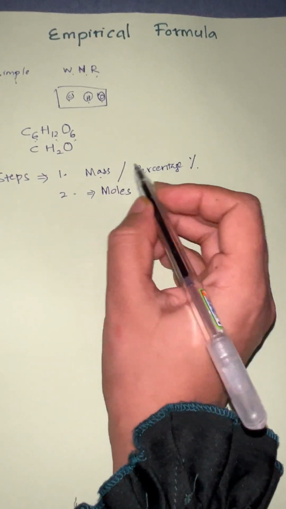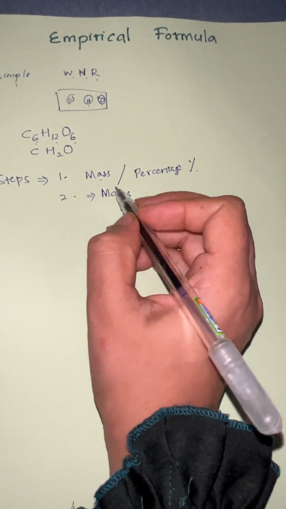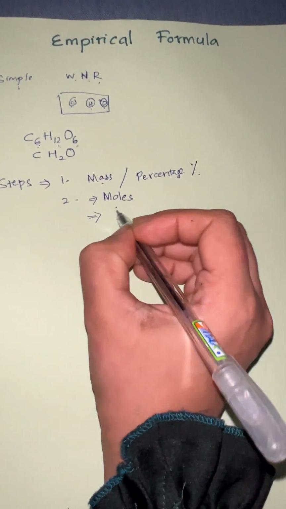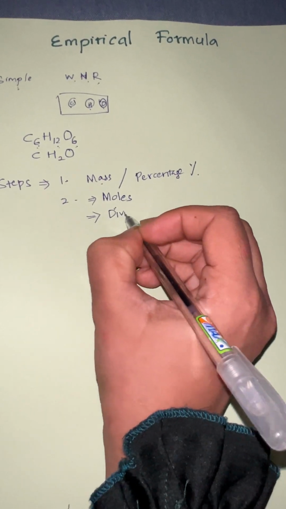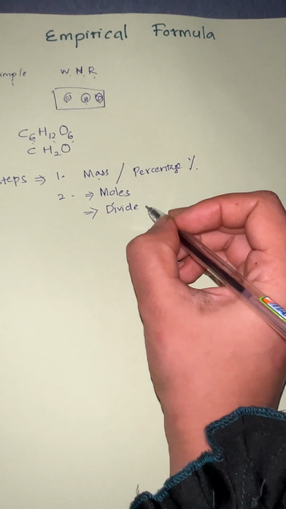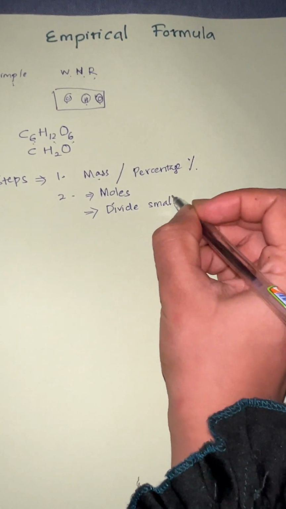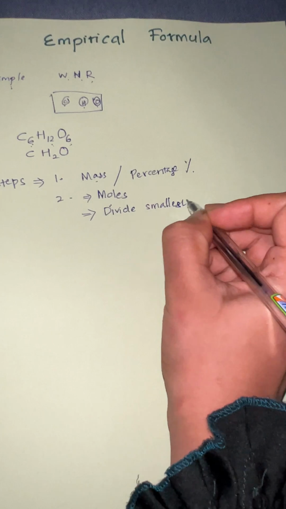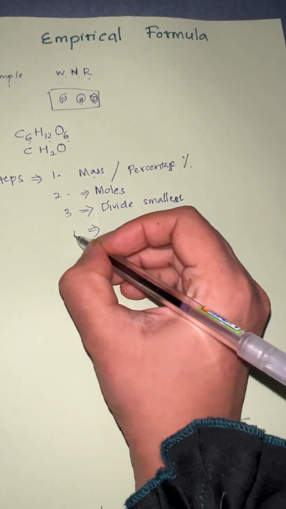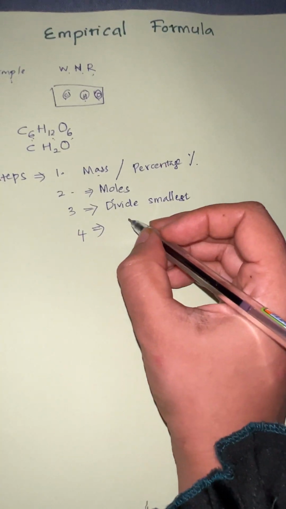They will give the mass or the percentage of each element. Take that, convert it into moles, and then divide. Why do we need to divide? To make a ratio. So you have to divide by the smallest number, then only we can make a ratio. Then this is the third step, and the fourth step is round up.